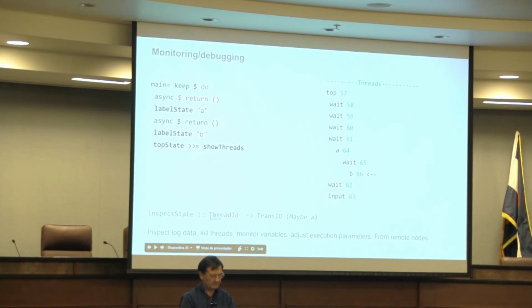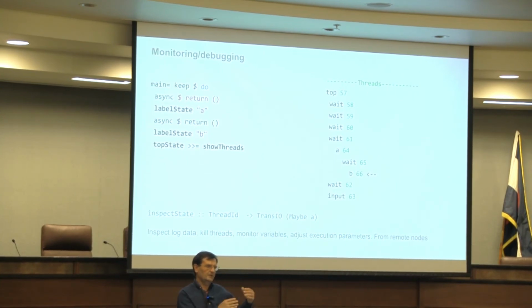We can inspect the state of the whole computation because each thread points to the thread that created it, and each thread stores the information about how the state variables were at the moment that the thread was created. So we can navigate the tree of states identified by thread identifiers.